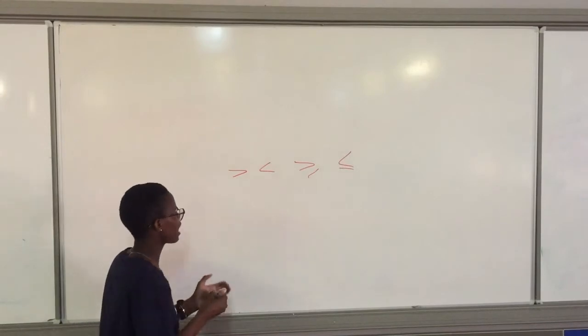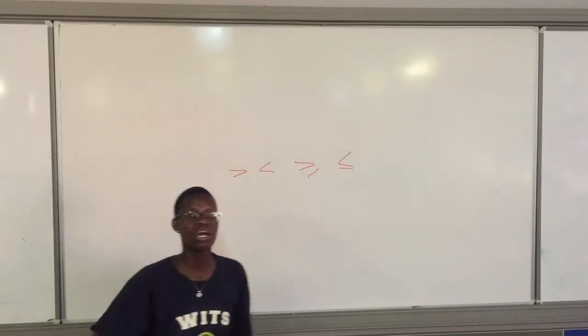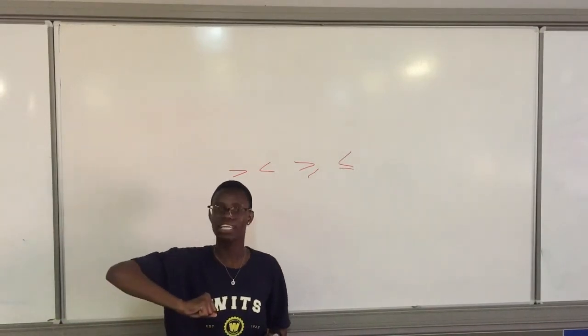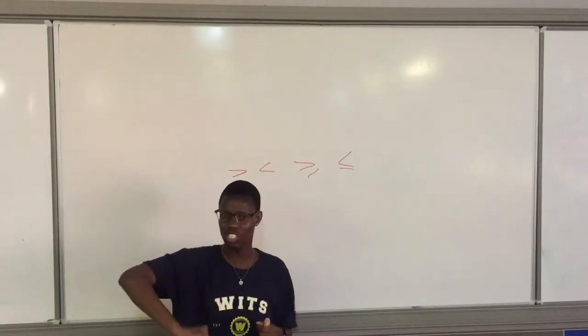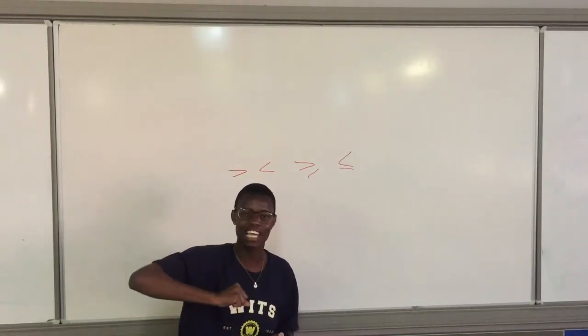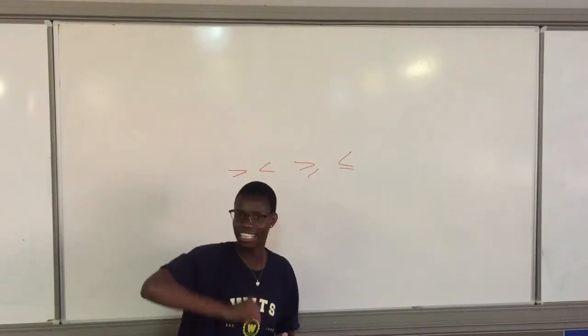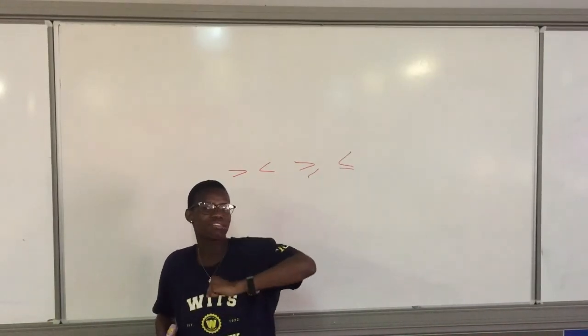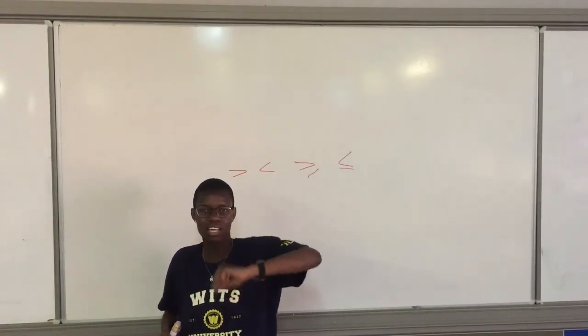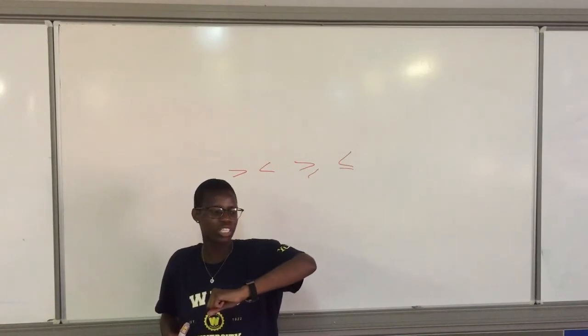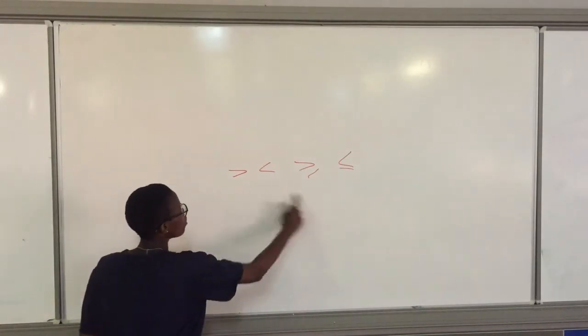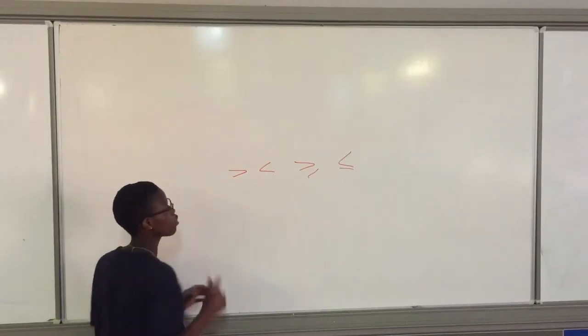How can you actually differentiate these two? Remember, greater, use your right hand. Your right hand is stronger, meaning that it's greater. Something that is strong, it's greater than. Then less than, you use your left hand. Your left hand is weak, so it's less than. That's the best way you can differentiate them.